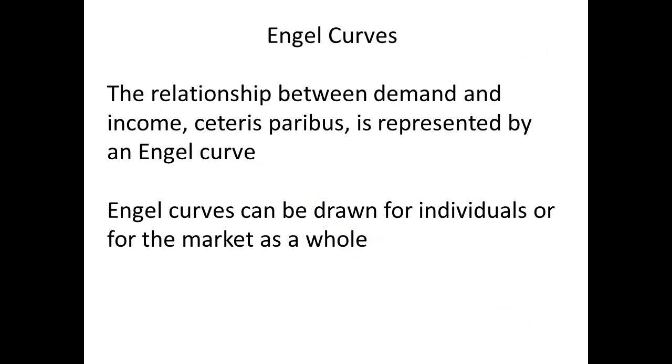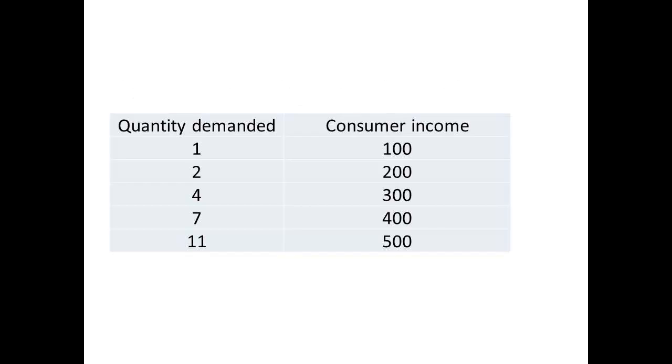The relationship between demand and income, ceteris paribus, is represented by an Engel curve, and these can be drawn either for individual consumers or for the market as a whole. Here we show some data relating to demand and the income of an individual consumer.